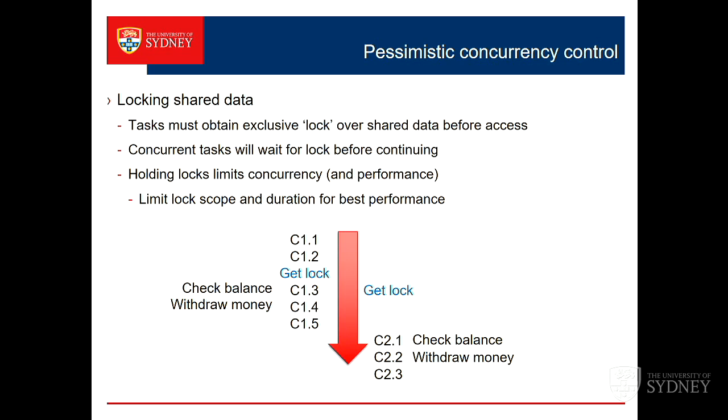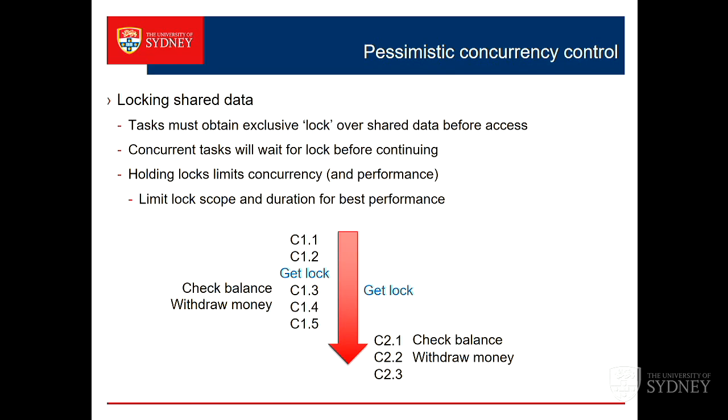So I've taken these two things which are sort of running in parallel and just moved them in time so they don't interfere with each other. So magically, instead of being like that, I've just made them like that. And that order is okay. It doesn't matter whether C1 runs first or C2 runs first. I've just magically stopped things that were interleaved using shared data and just made them non-interleaved.